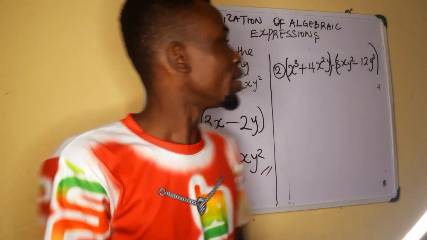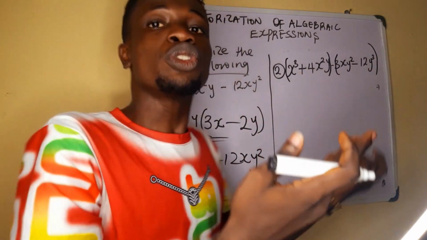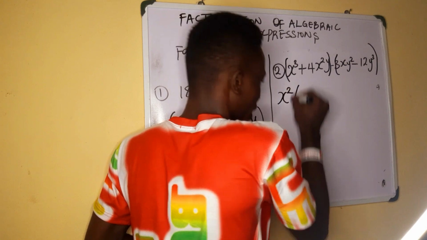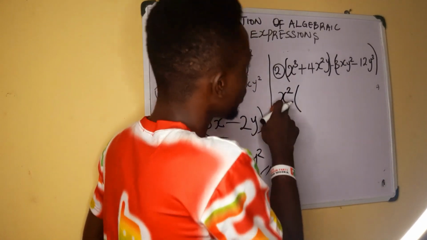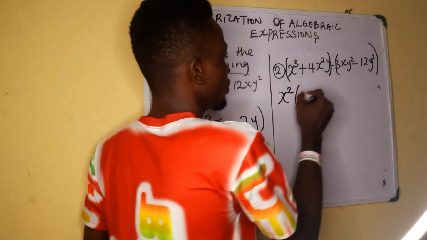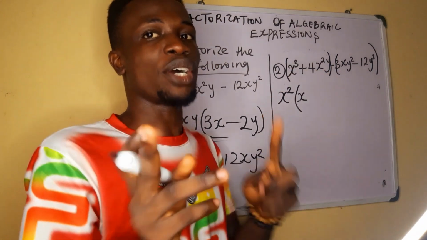So what am I going to do? The highest power of x here is 3, the highest power of x here is 2. So I'm going to bring 2 out. I'm going to have something like x squared. I'm going to bring it out. Okay? So if I bring it out, I'm going to use this to divide this. x cubed divided by x squared is going to leave me with just x, so that if I multiply it, it will still give me back x cubed. I hope you're following.